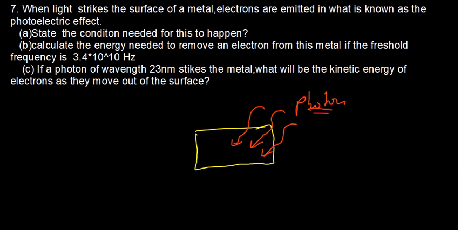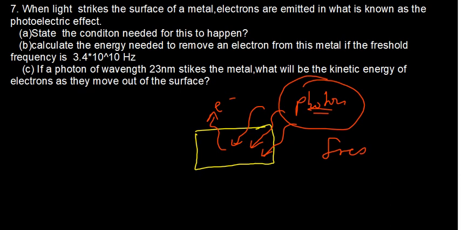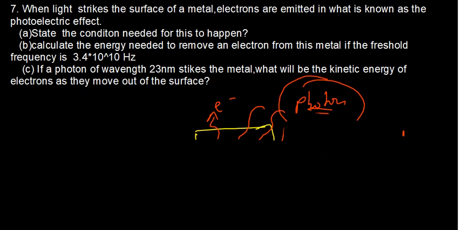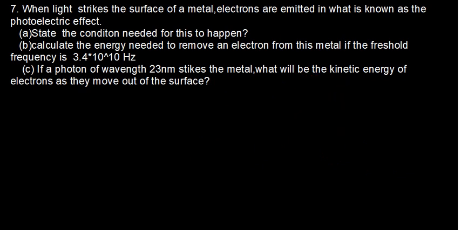For electrons to be emitted from the surface of this metal, the photon should have a frequency value which is greater than or equal to the threshold frequency. So we need the threshold frequency as a minimum value. So that is the condition which is required.